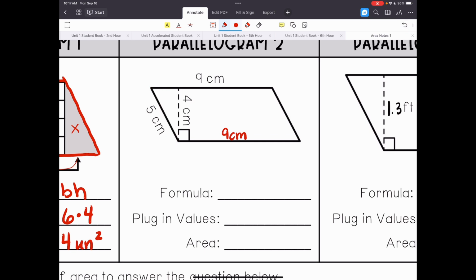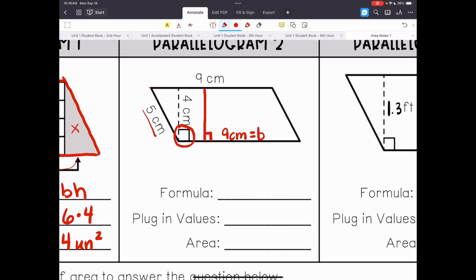This is where you have to be careful. Once we pick the base, if I decide 9 centimeters is my base, I have to go at a 90-degree angle straight from the bottom of my base up to the top of the opposite base. So that 90-degree angle is what matters.